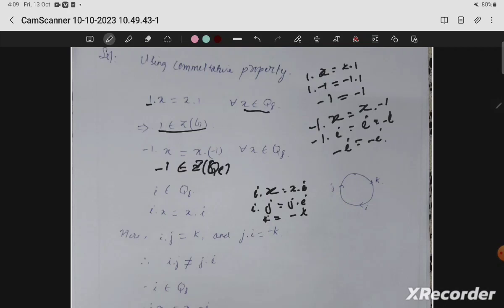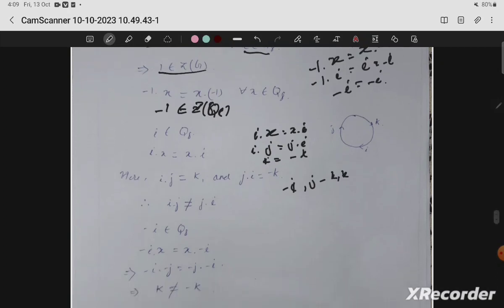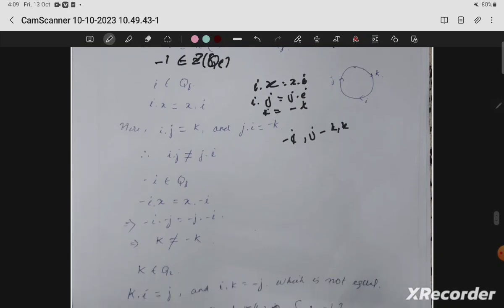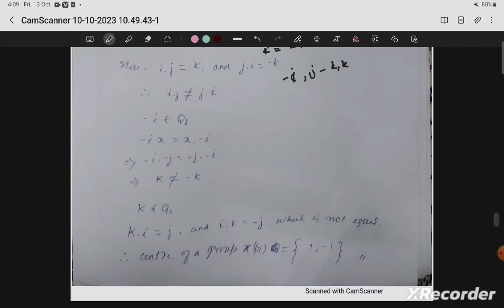Now we see that i does not belong to the center. Similarly, if we check for minus i, j, minus j, k and minus k, we will see that they do not commute with each other. So the only elements present in the center of the group are 1 and minus 1.